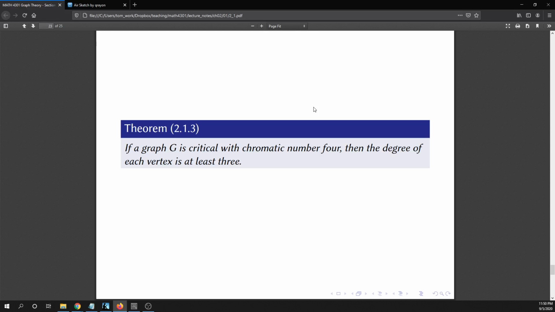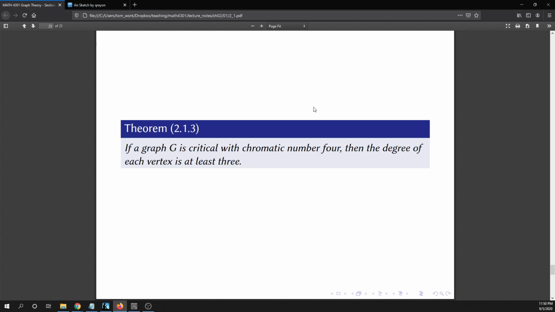This theorem basically tells us a little bit more about the structure of a critical graph, at least for chromatic number 4. It tells us that there's got to be quite a few edges in there.